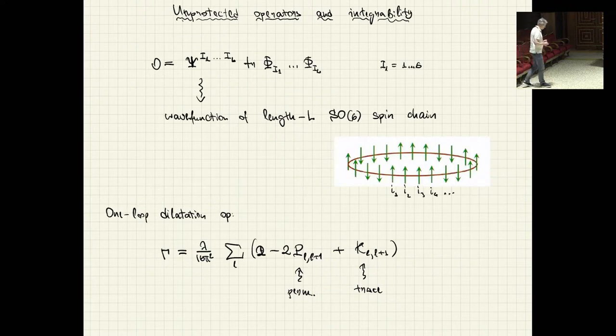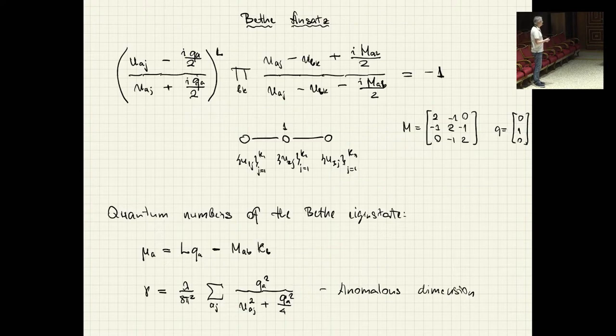Okay, but if we want to compute a one-point function of a non-protected operator, then a priori we don't know how to do it, apart from just using Feynman diagrams. But integrability can help, and in that context, it is convenient to think of operators as spin chains. So for instance, if you consider an operator built of scalars, then this will be characterized by a wave function of an SO(6) spin chain, which is integrable, and its spectrum can be computed by Bethe ansatz.